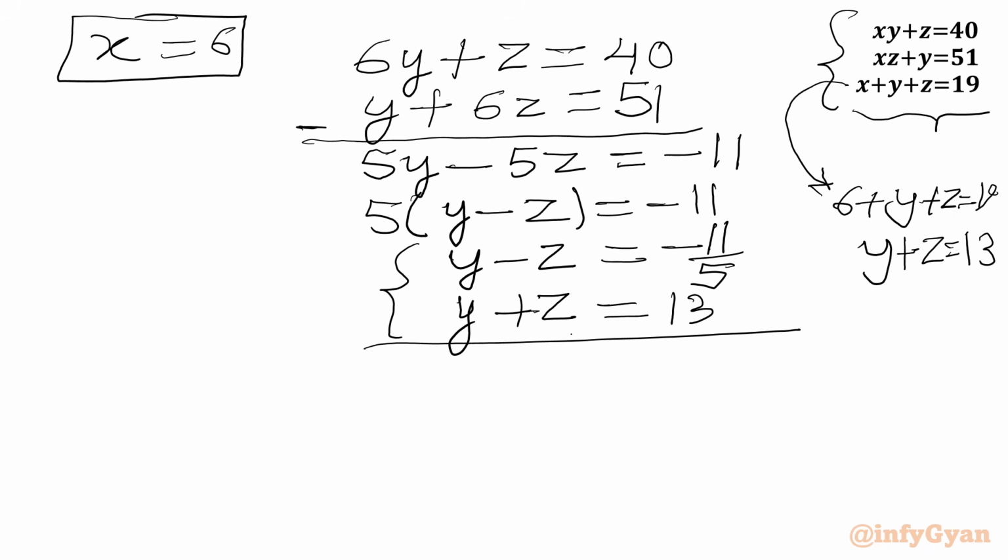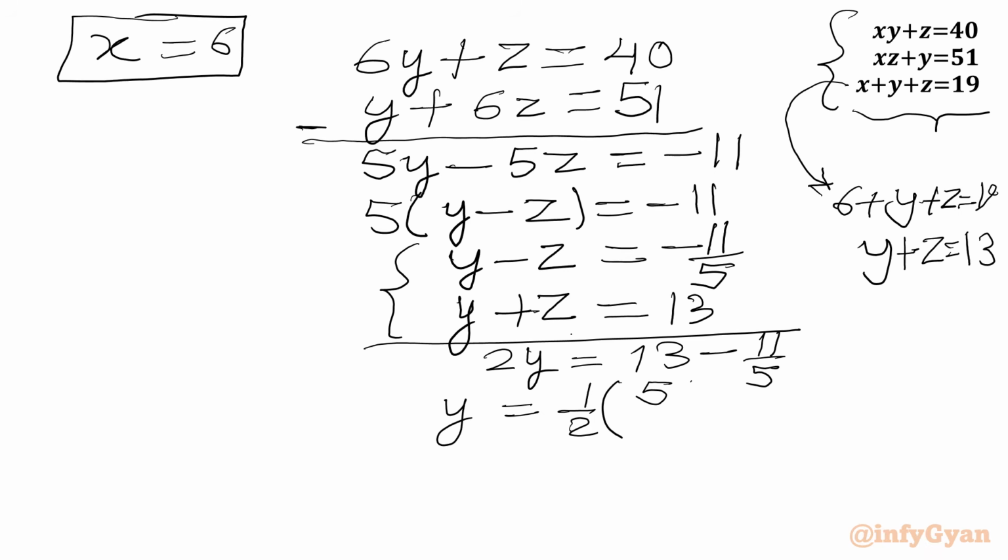Simply add both, we will get 2y equal to 13 minus 11 over 5. So y will become half times 13 minus 11 over 5, 65 minus 11, 54 over 5. Now 54 over 2 is 27 over 5. So x equal to 6, y equal to 27 over 5.